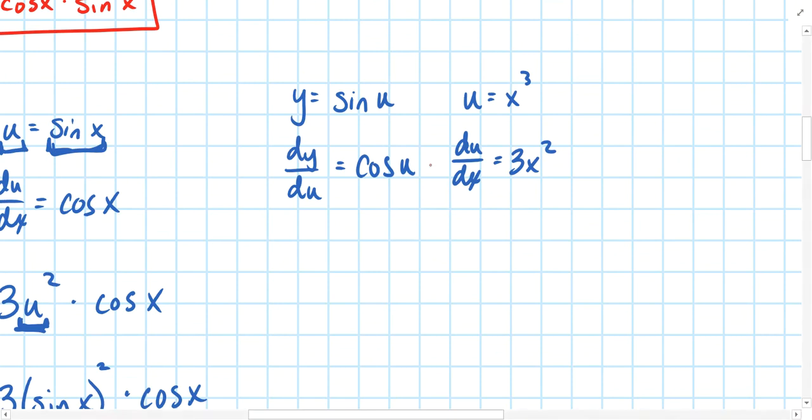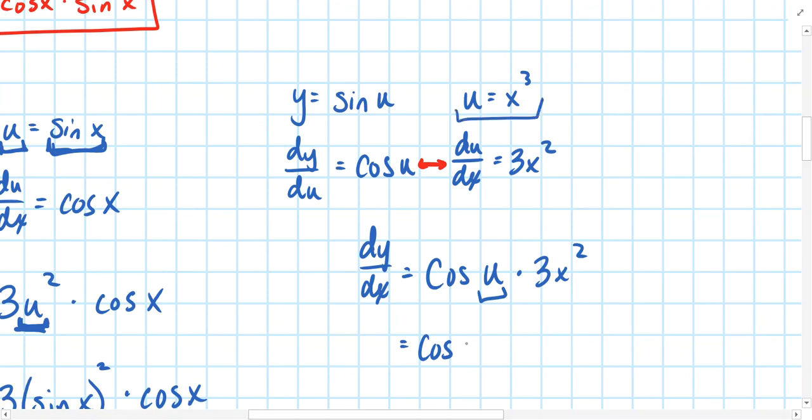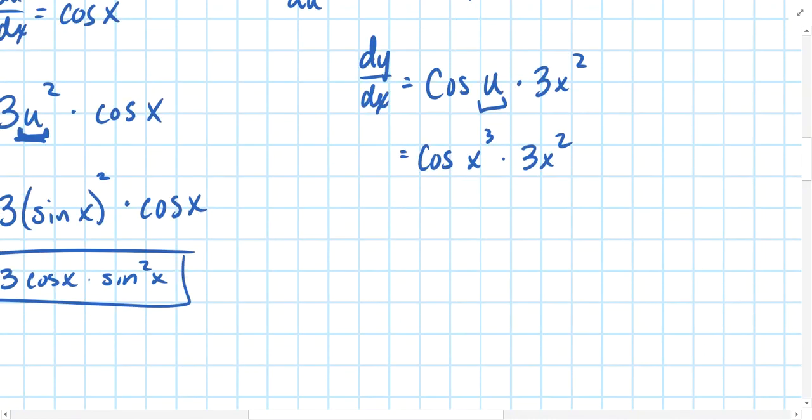When I multiply these two together, I'll end up with the derivative of y with respect to x that we're after, which happens to be cosine of u times 3x squared. And to replace the u variable with the x variable, we'll have cosine of x cubed times 3x squared. More appropriately, this would be written as 3x squared times cosine x cubed.